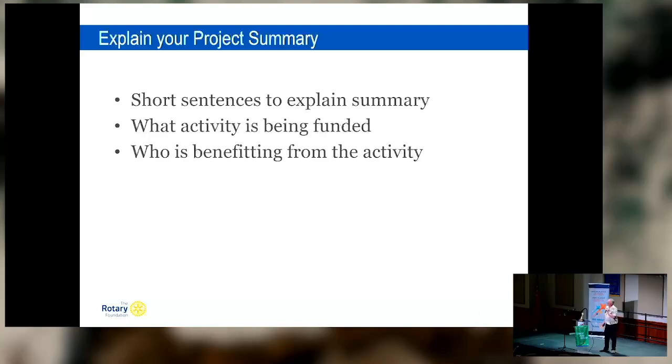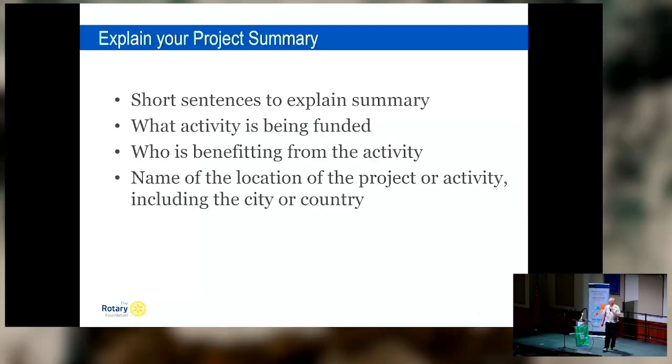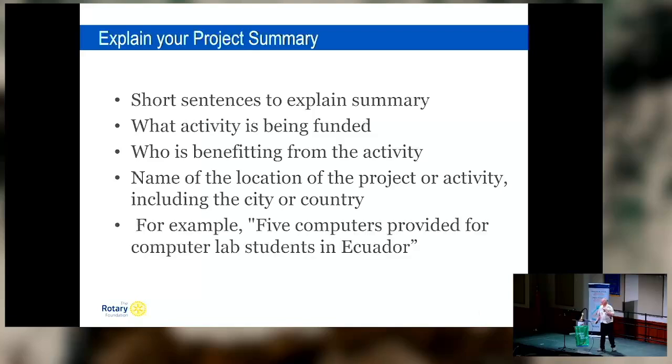The nice thing always is who's benefiting. It's fairly obvious if it's elementary school kids, but sometimes we're doing some work on a walkway, on an environmental project. Okay, why? What's it for? Why are you doing this? So try to help us out a little bit about that.